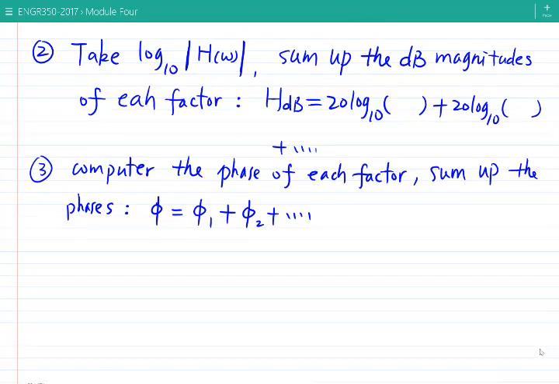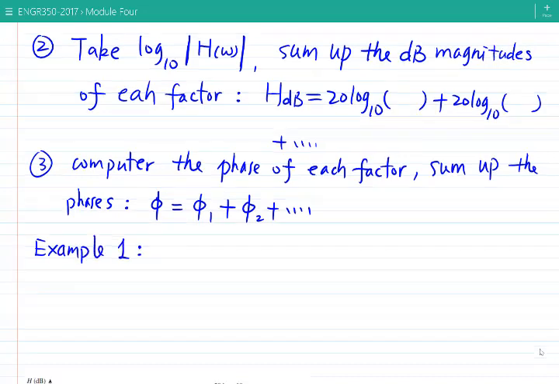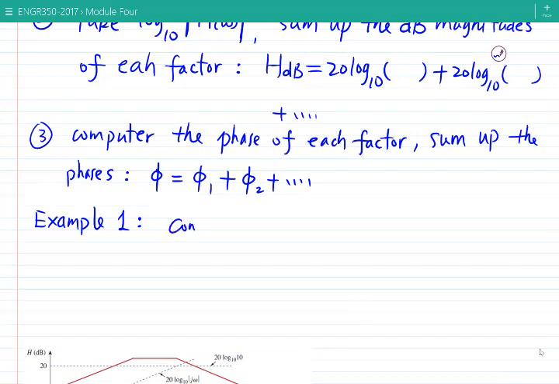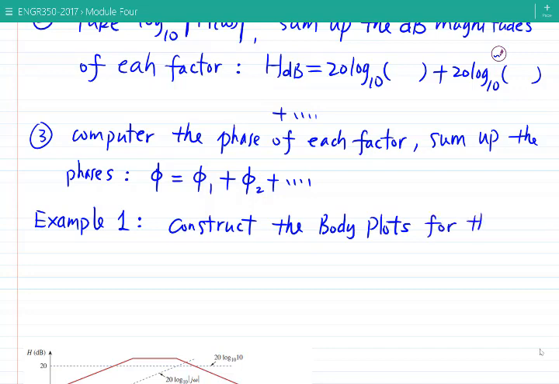In order to show how to use the procedure, I want to first present example number 1. Let's construct the Bode plots, the magnitude plot and phase angle plot, for the following transfer function.